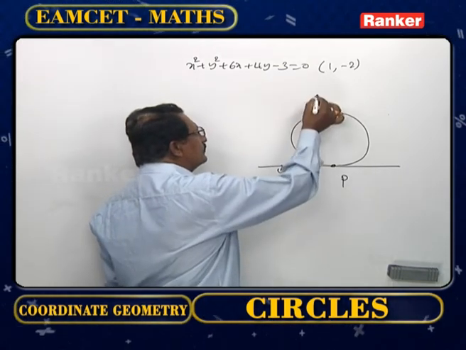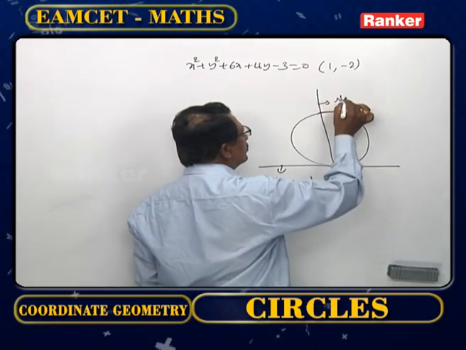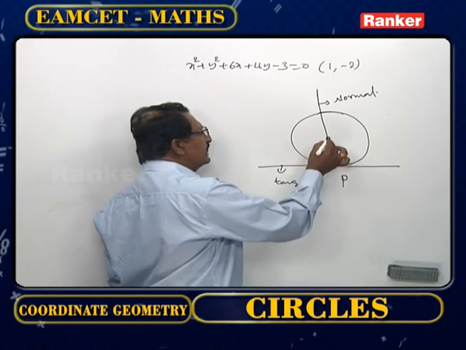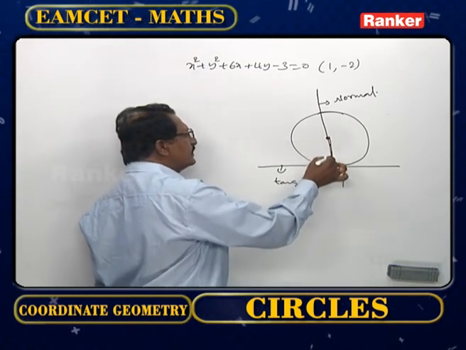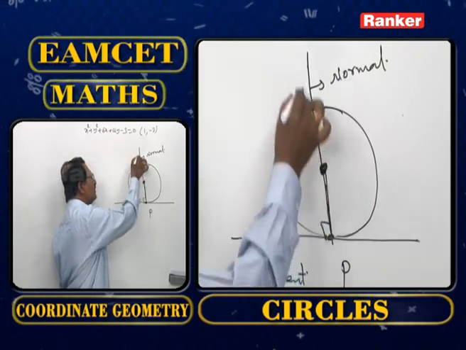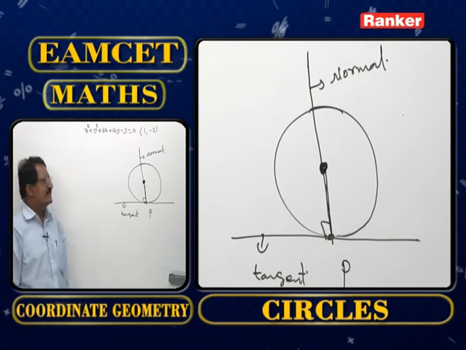Always the tangent and normal are perpendicular to each other. But the radius of the circle is also perpendicular to the tangent, which means the normal of the circle always passes through the center of the circle.